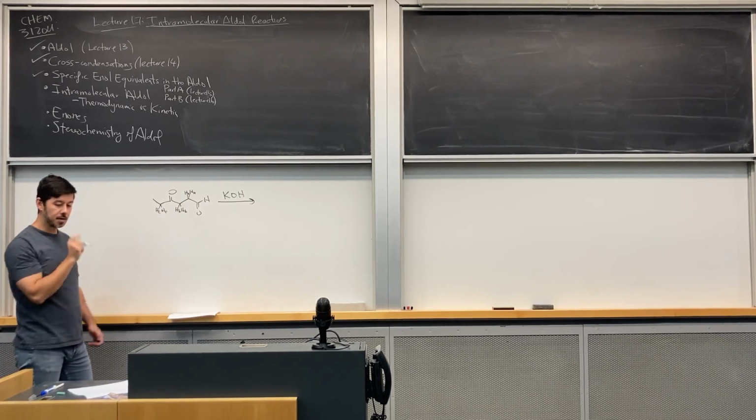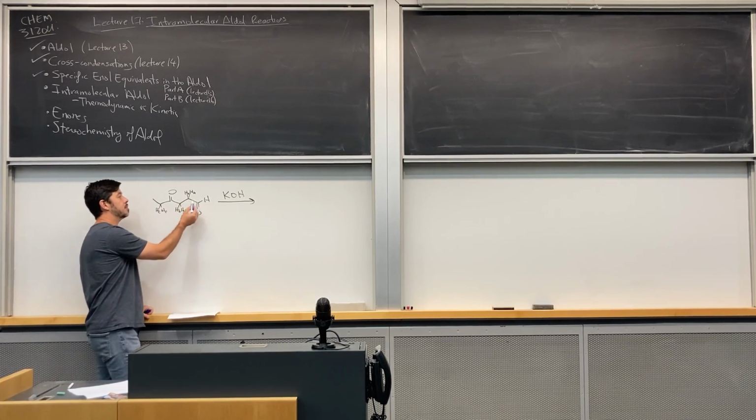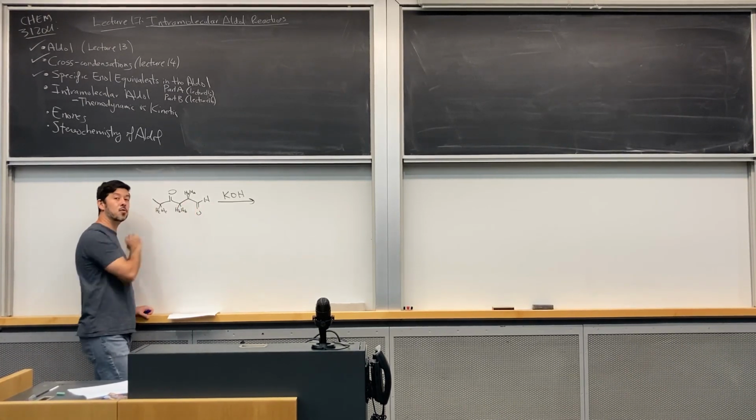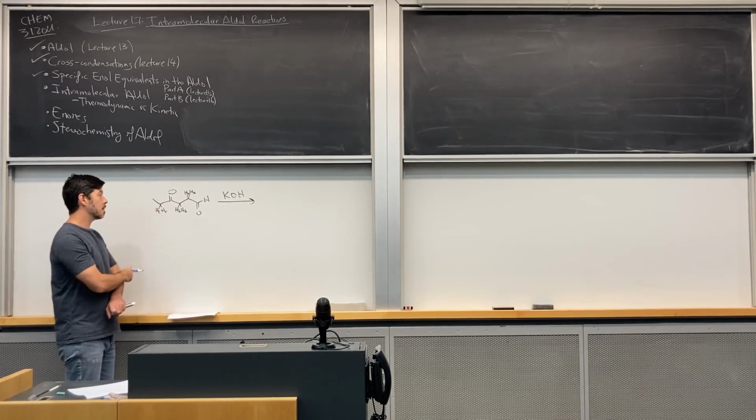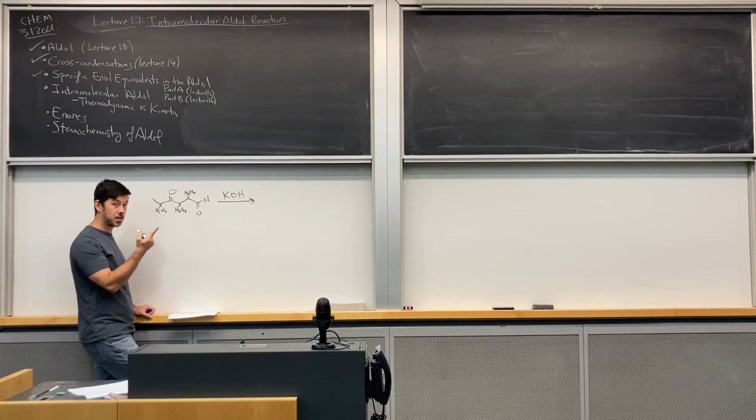So the other thing that you need to look at is you've got to think about if we deprotonate and form an enolate, and it's going to form intramolecularly, where or how is that going to happen? So if you remove HA, you can imagine an enolate, and then this would come and react here. That's one potential scenario.